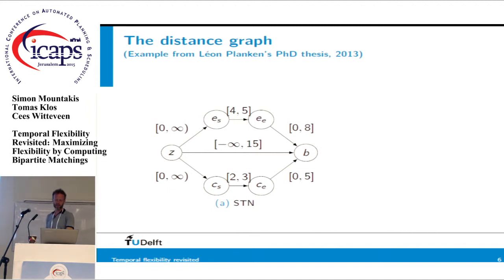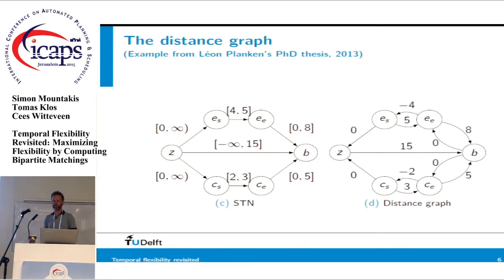A different way of looking at this information is to break up these constraints which involve an interval into two constituent constraints, and then have the maximum temporal difference on arcs that go from each variable to the other, where we drop the arrows that are unbounded.